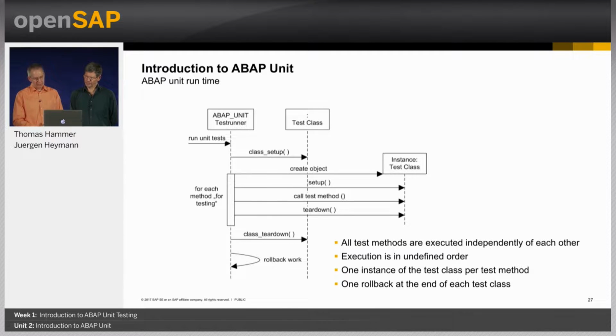Okay, and one more thing to mention is you can also argue, oh, I can put my teardown code at the end of my test method. This will work if your test method does not fail, so if the result is okay. But if your test method finds an error, it stops at that point immediately, and then the execution jumps to the teardown.